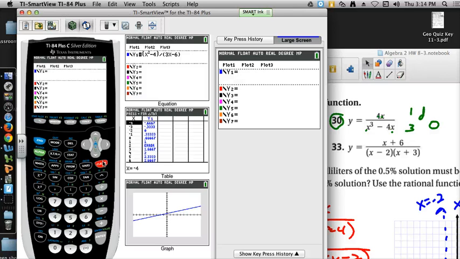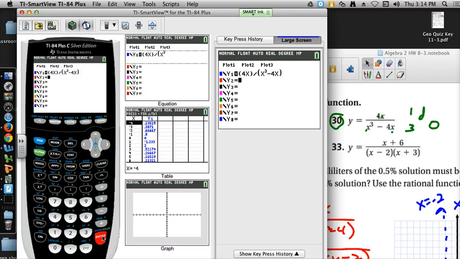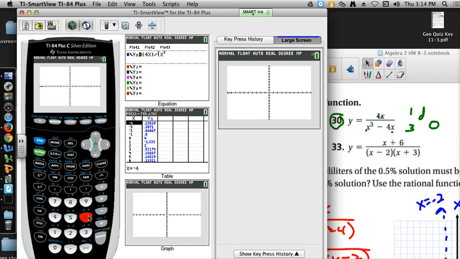And again, make sure you use parentheses for the numerator, which is our 4x, and then divide, and then parentheses for your denominator. X to the third minus 4x. You can either hit graph or zoom standard depending on what you have there.